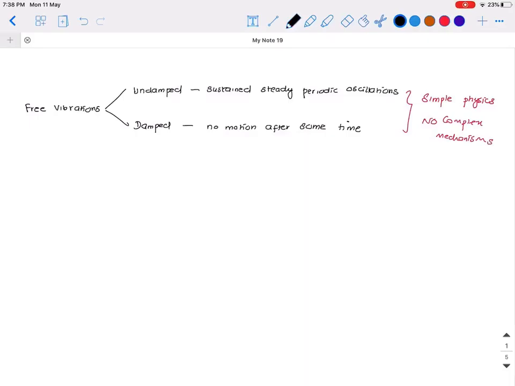However, in reality all engineering systems are subjected to forced vibrations.